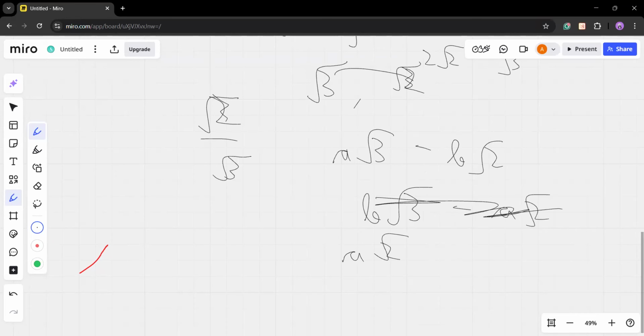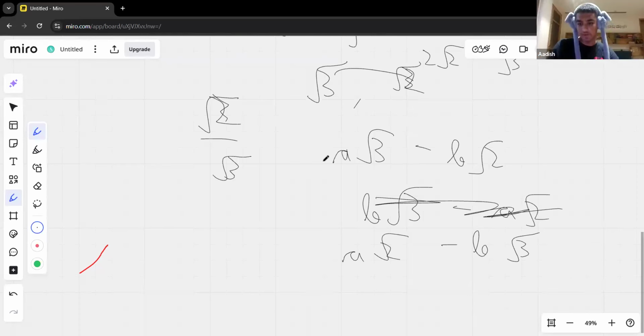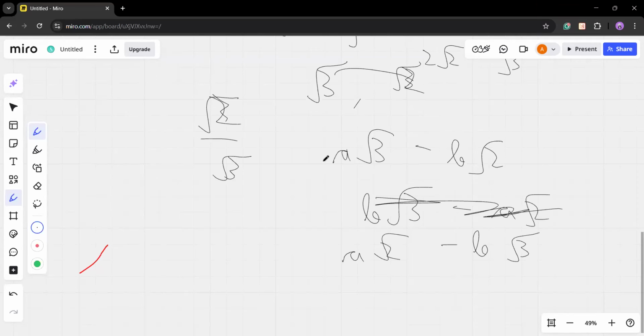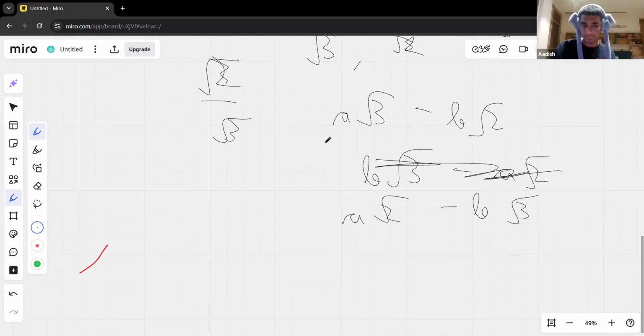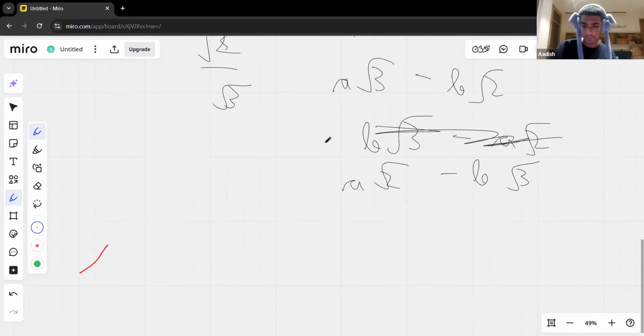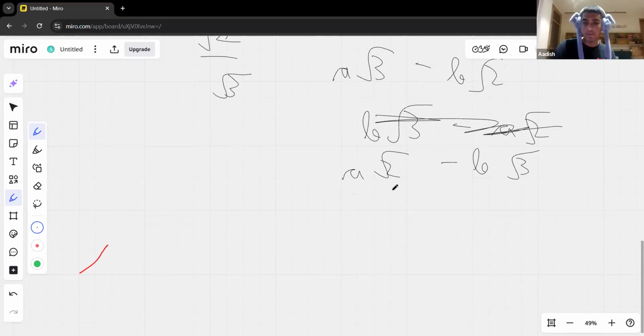Is it necessary for them to become zero? No. If the process stops, they have to become zero. Otherwise the process doesn't stop, in which case it doesn't stop. I'm trying to show why it doesn't stop. So assume it does stop, in which case something becomes zero. But that's not possible because any number is of the form a root 2 minus b root 3.